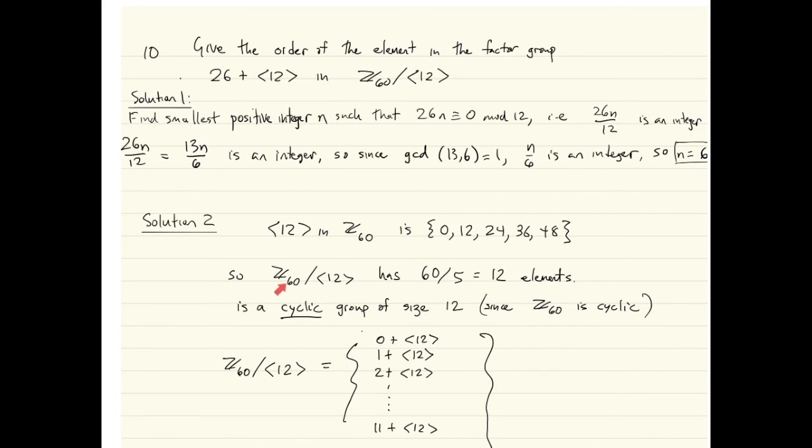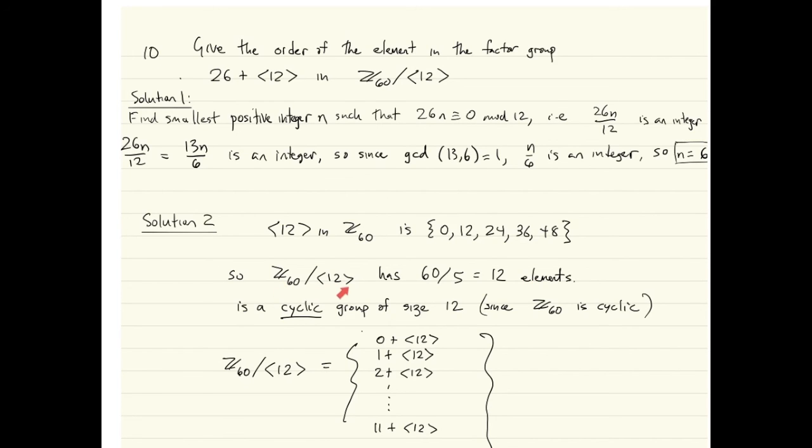And so Z60 mod the subgroup generated by 12 has 60 divided by 5 elements, which is 12. Why? Because Z60 has 60 elements, and there are 5 elements that we're modding out by, and so we have a group with 12 elements.